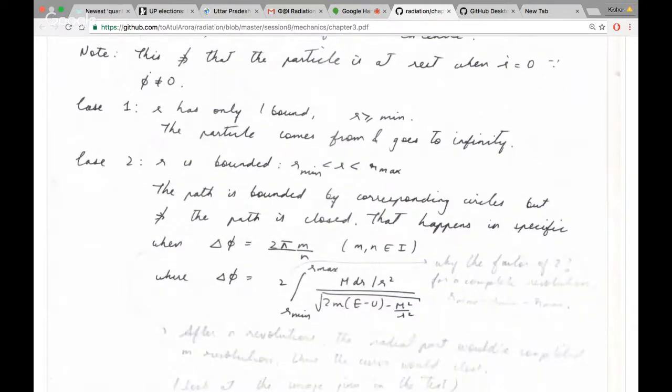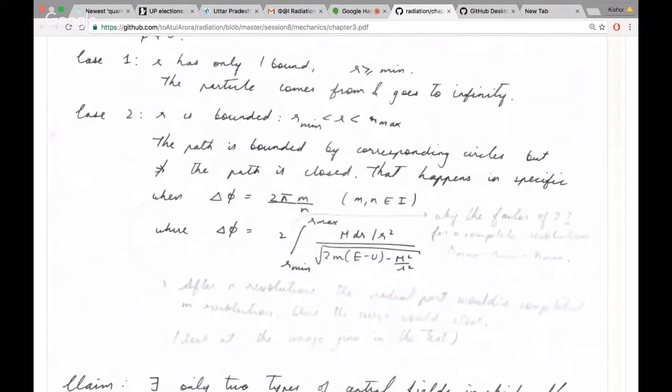Okay, so delta phi equals 2 times the integral from r minimum to r maximum of M dr by r squared. We already derived an equation for d phi in terms of r. So we say that after n revolutions, the radial part would have completed m revolutions, thus the curve would close.